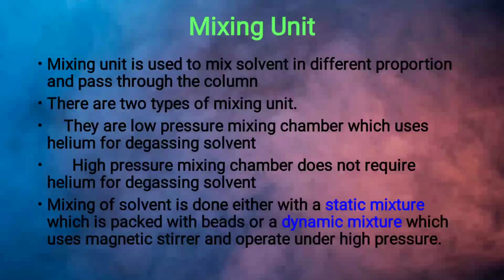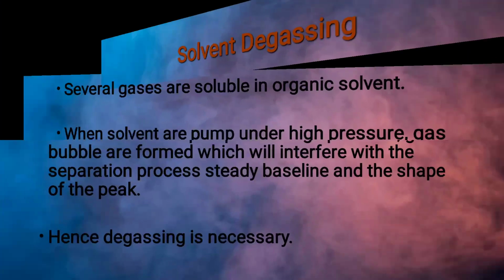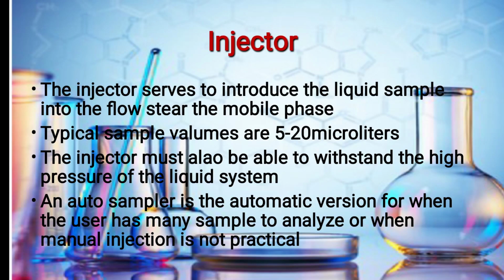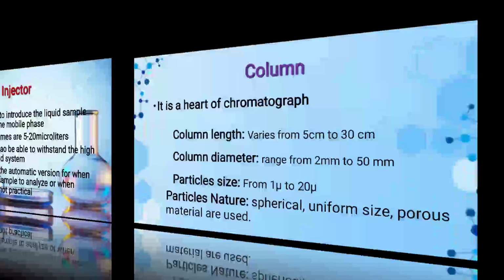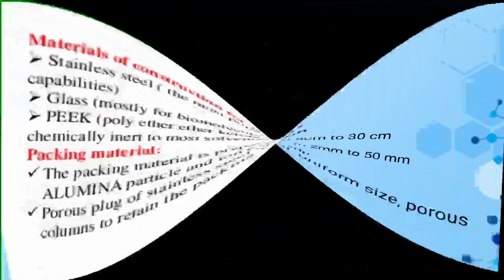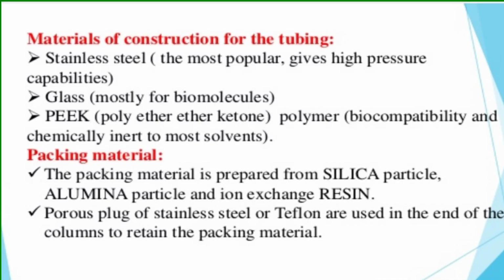Next one is the fluorescence detector, which is also dependent on the concentration of solute. And next one is the amperometric detector, an example of an electrochemical detector. So this is the overall view of the high performance liquid chromatography instrumentation.